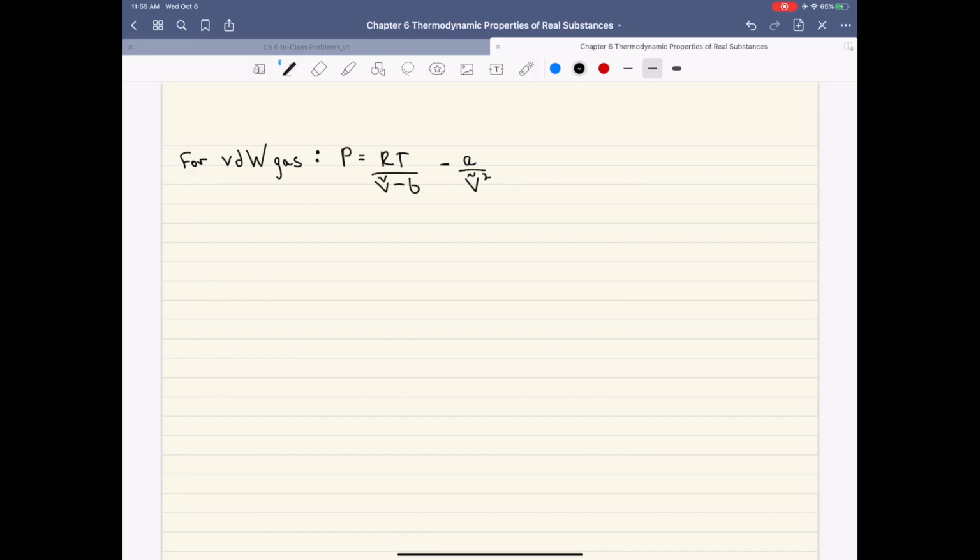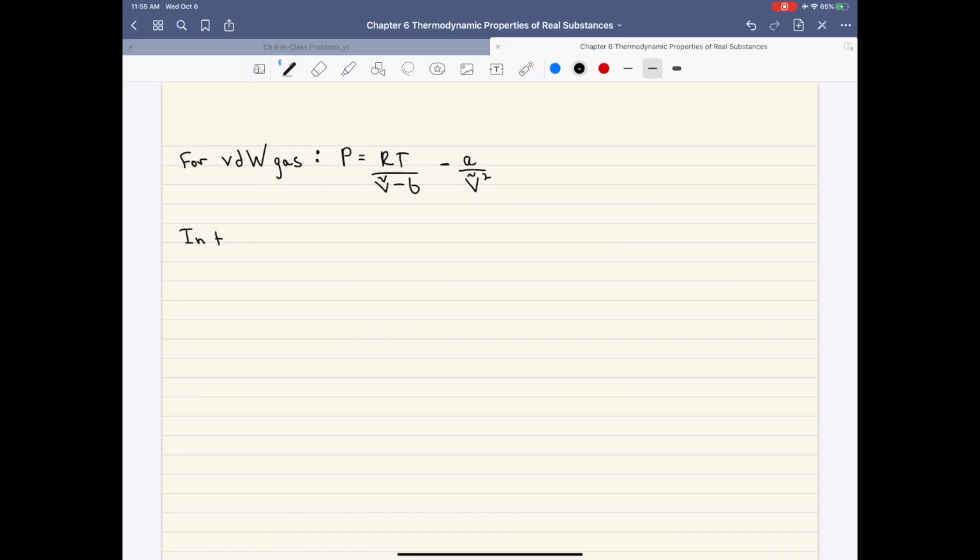Okay? All right, in this problem, just for this specific problem, once again, B is basically the volume of each individual molecule, and A is a parameter that quantifies the interaction strength between molecules.